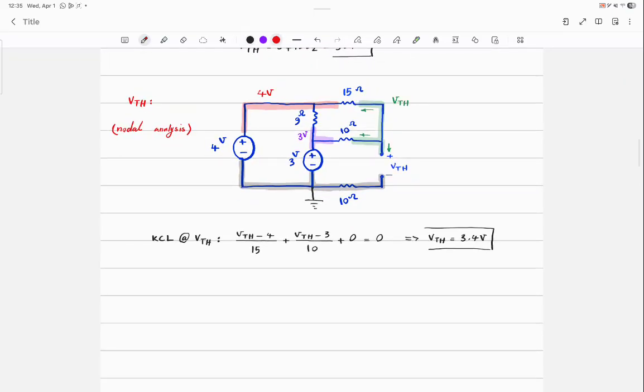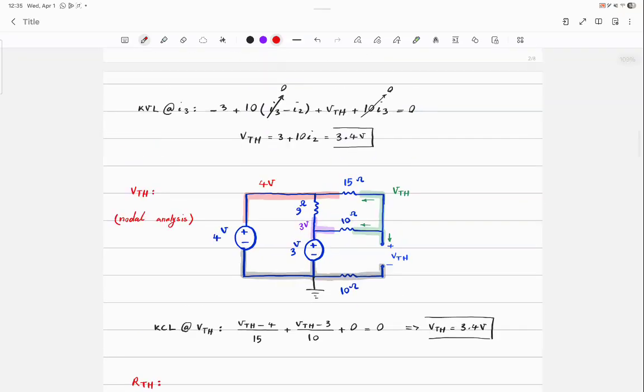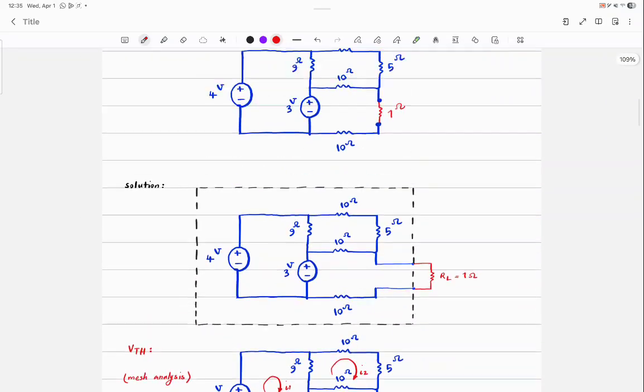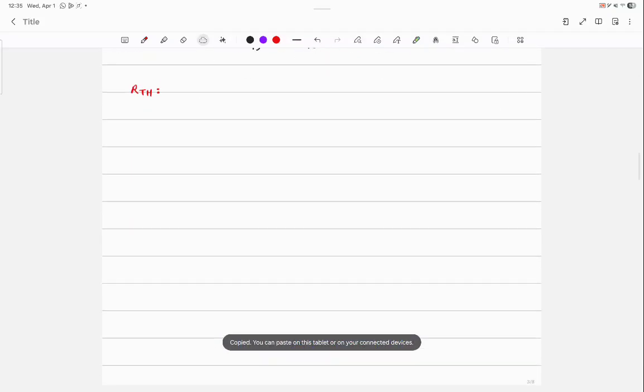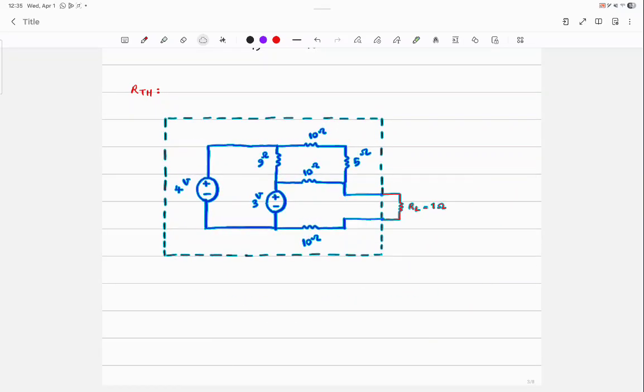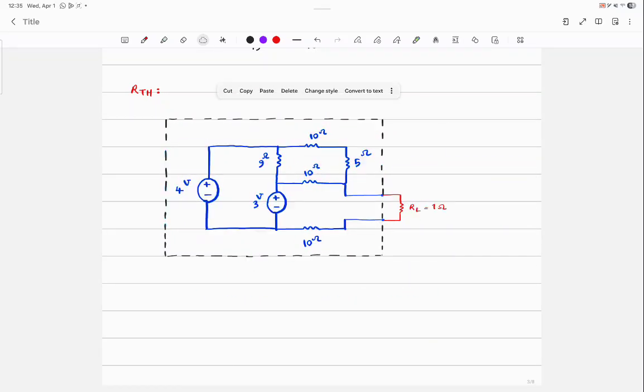R Thévenin. What should I do if I want to measure R Thévenin?